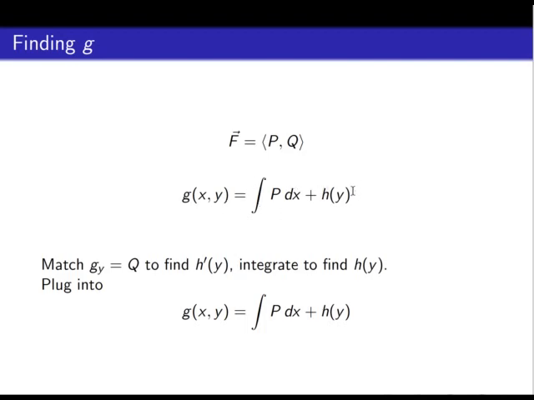This will be h prime of y, okay, and it is equal to this, and that'll tell me what h prime of y is equal to. Hopefully the result will be just a function of y. That will be more or less what's needed for us to say that it's independent of path, and that it is a gradient vector field. And you just integrate this to find h. Plug it back into this function to get whatever g is going to be.